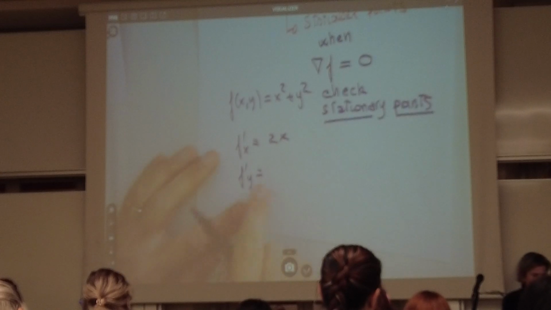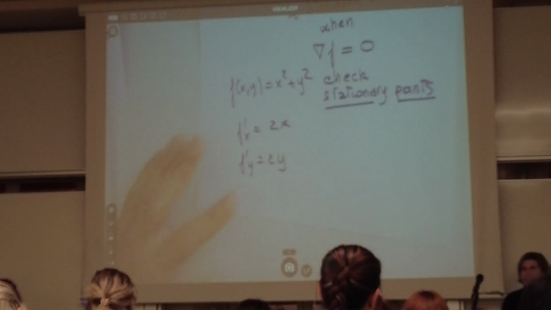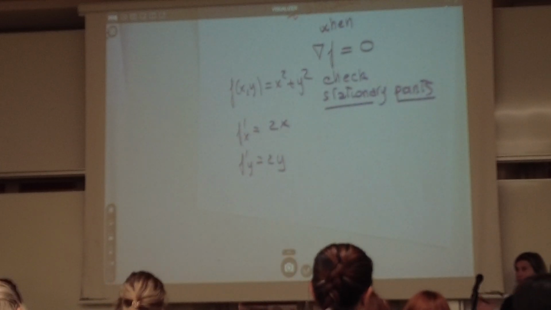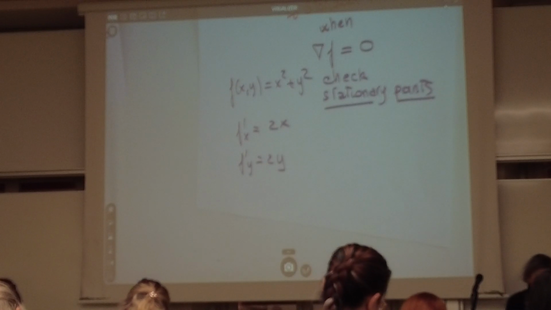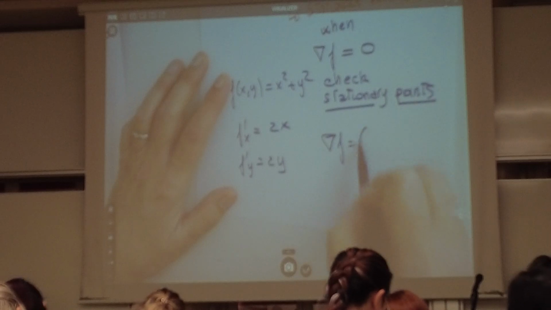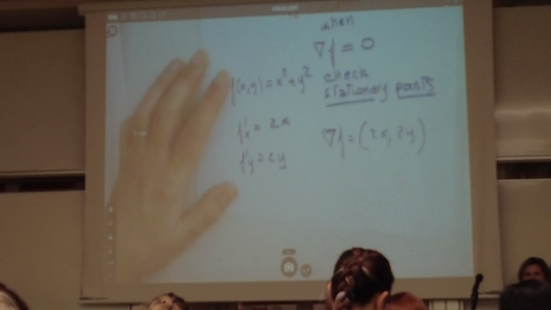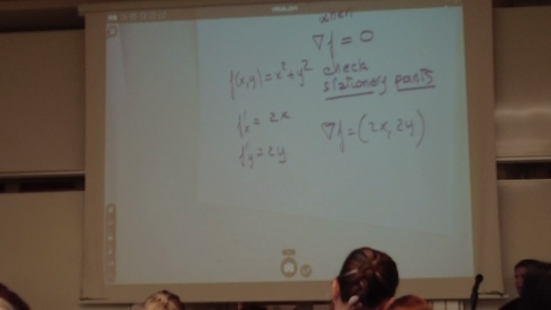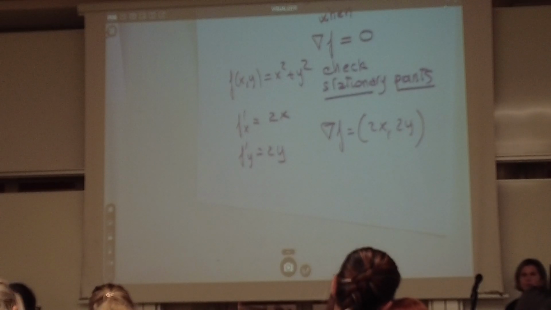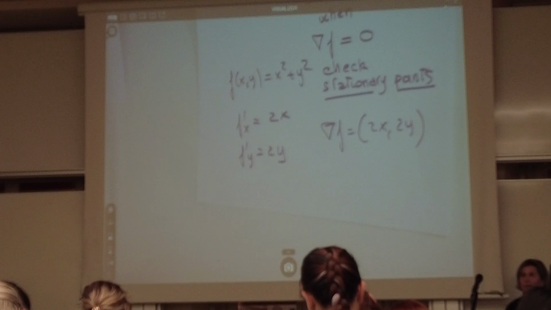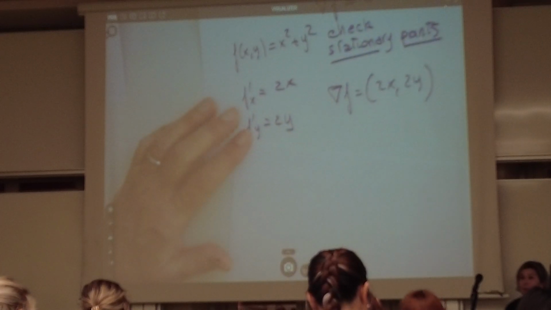So now, in this case, I believe that all of you are able to write the gradient. The gradient of your function is 2x, 2y. There is no doubt, I'm sure about that. Now, you discover stationary points where your gradient is equal to 0.